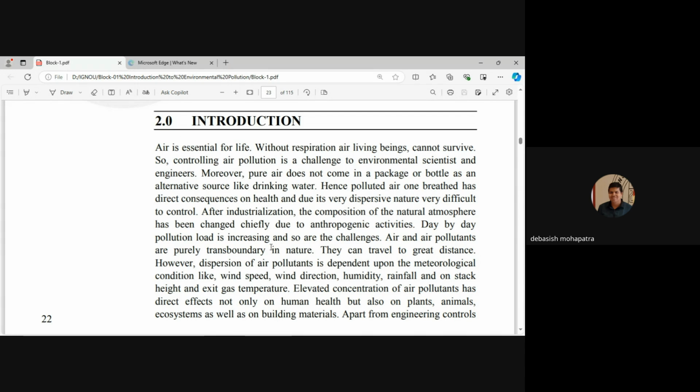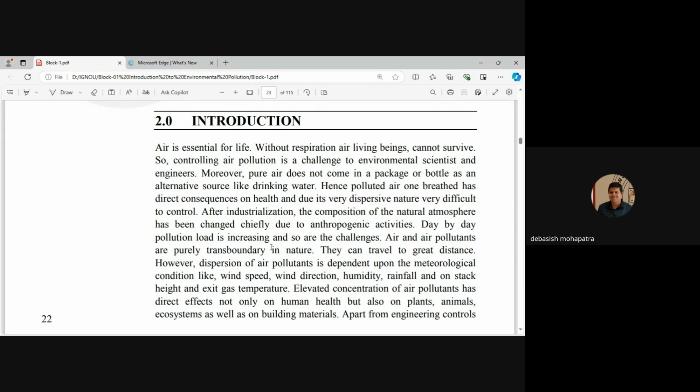At the rate at which the atmosphere is degrading, maybe we will have to buy air every day to go outside. Hence the polluted air one breathes has direct consequences on health, and due to its very diffusive nature, it is very difficult to control. As air is very light, it is very hard to control.